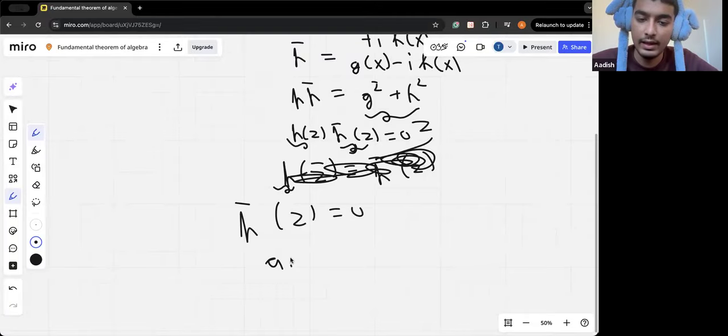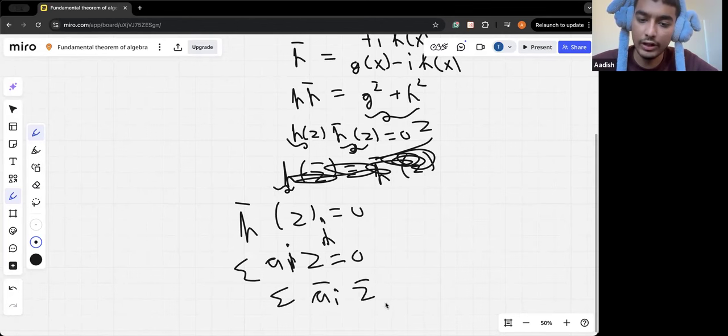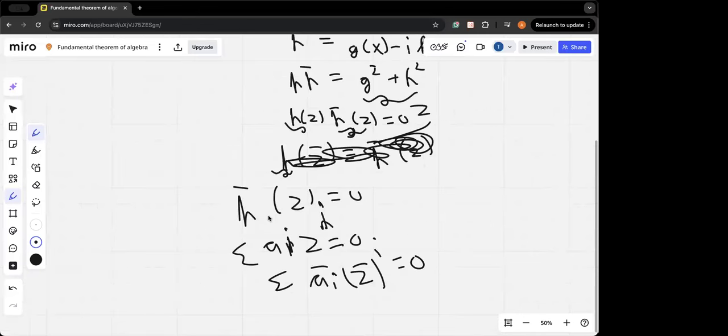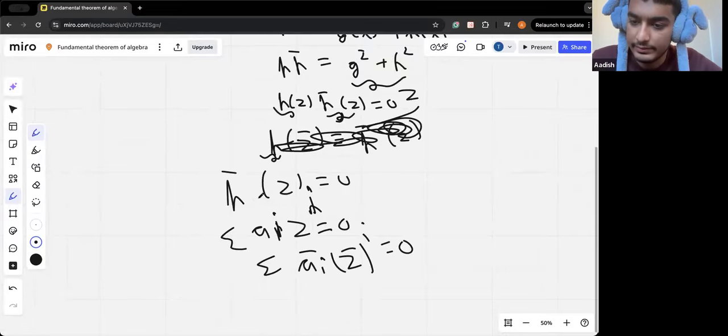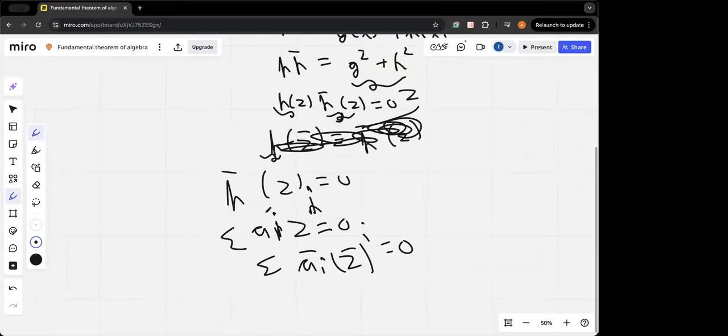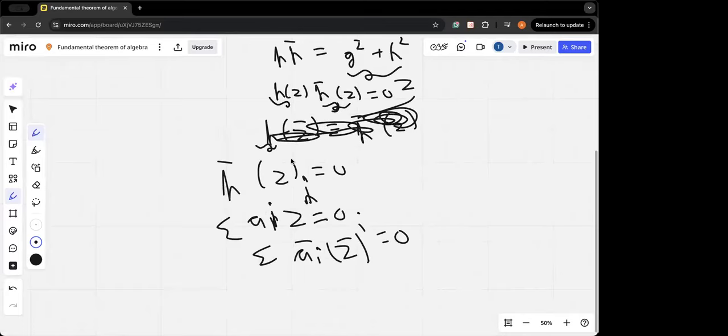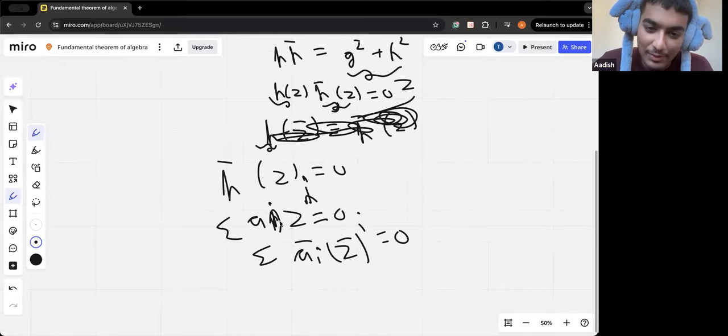So summation a_j z to the j is 0. So take the conjugate on both sides. Summation a_j conjugate, z conjugate to the j is 0. Right. I expanded P, and don't use i for indexing, probably not a good idea to use i for indexing in this class.